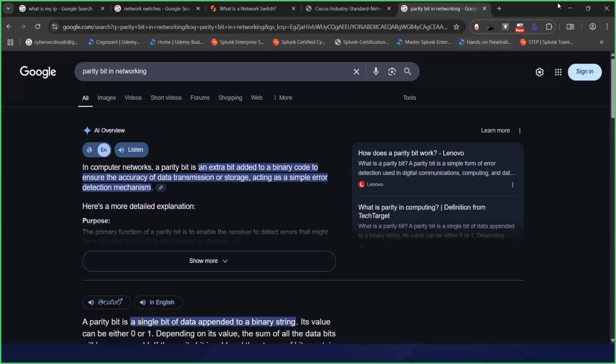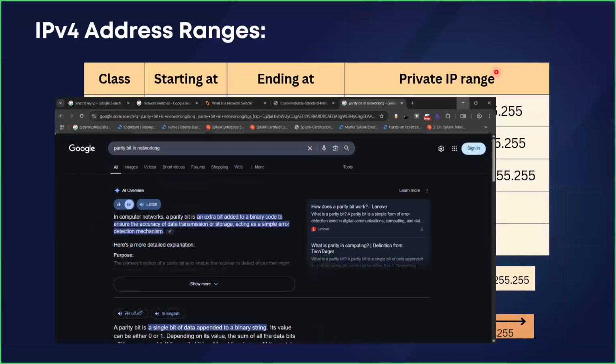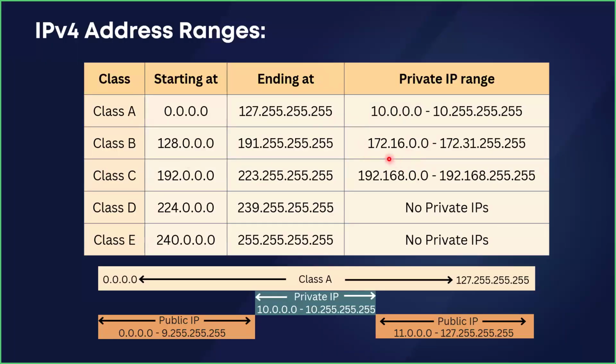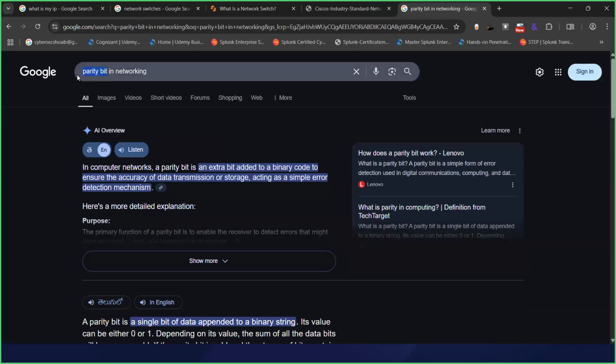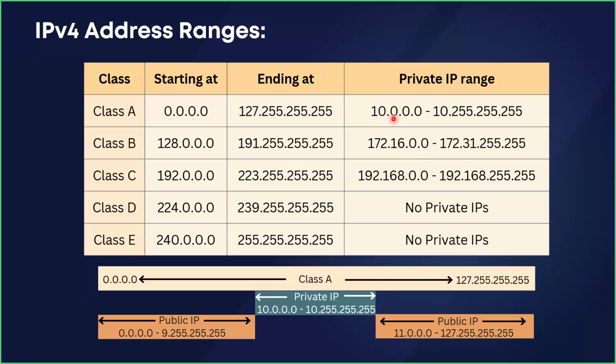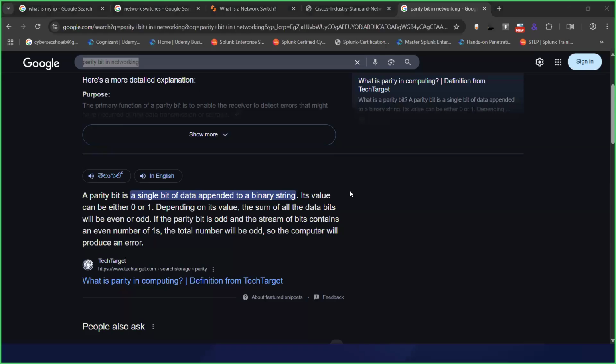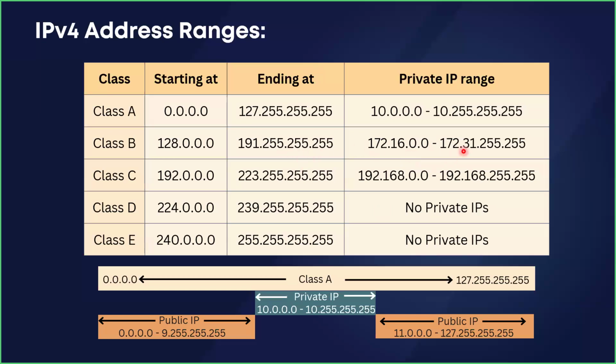But if you want to learn why IPs start with 10 for class A, 172.16 for class B, and 192.168 for class C, you can research the term parity bit in networking. That'll explain why these classes start with these numbers. Not that important for our cybersecurity part.